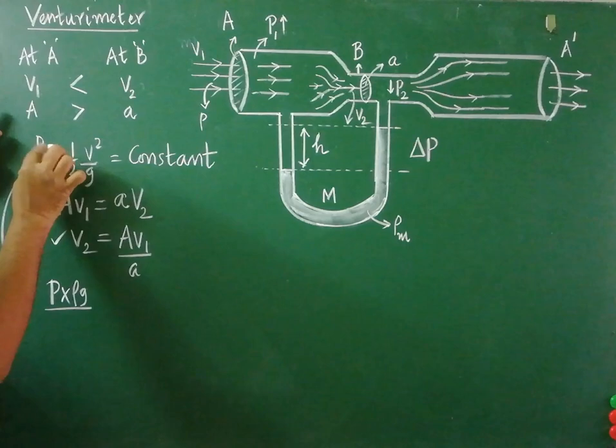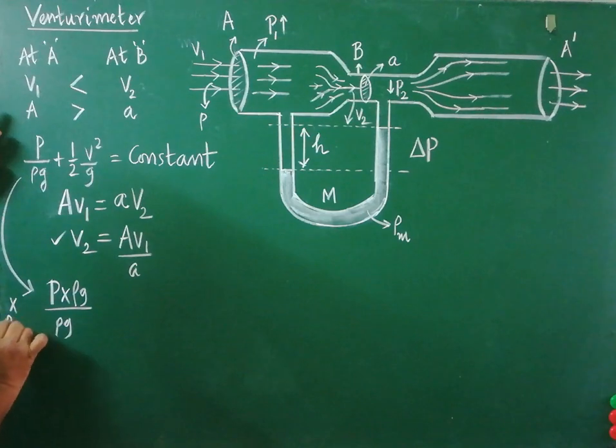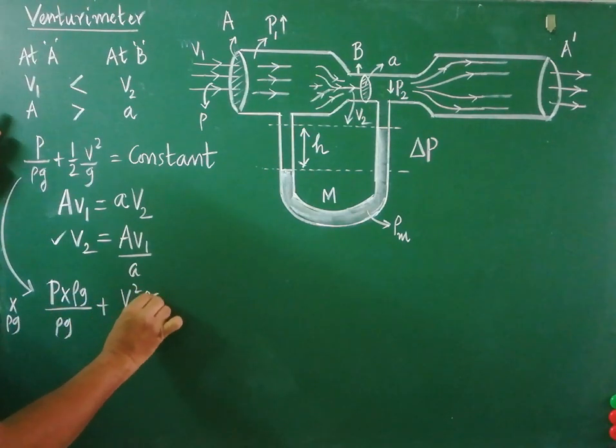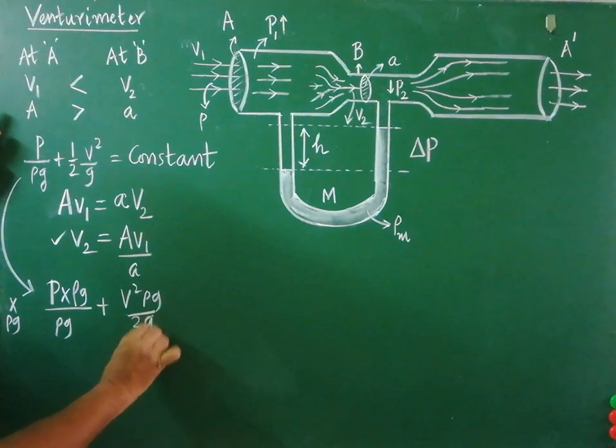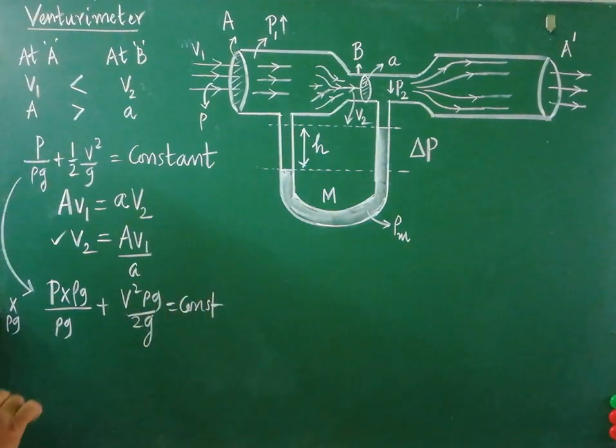In the numerator, rho g is to be multiplied. Are you clear? Throughout you can multiply. So P by rho g multiplied by rho g, plus v square by 2g multiplied by rho g, is a constant. So like that we have to write.